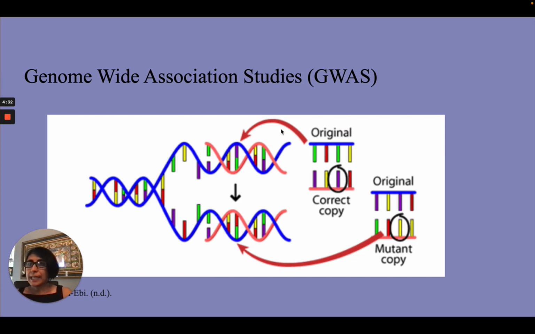Now, the interesting thing is that over the last few years, it has been discovered that in addition to an environmental component, there's also a genetic component to obesity that we did not know about before. Genome-wide association studies help scientists identify genes associated with particular diseases.